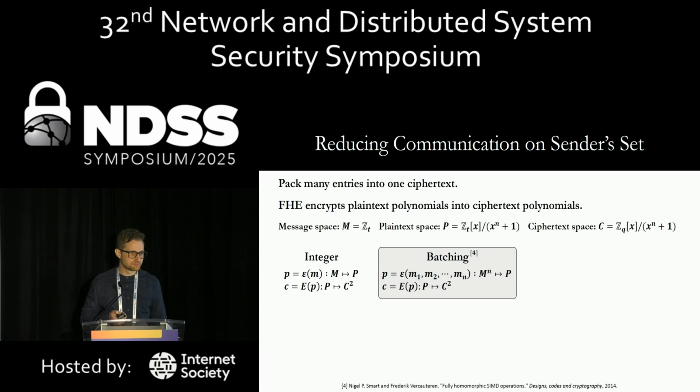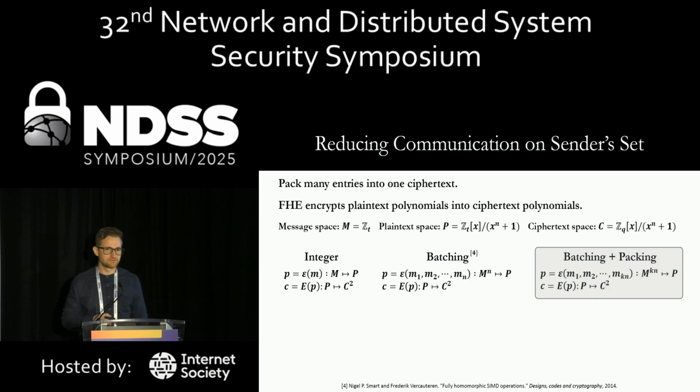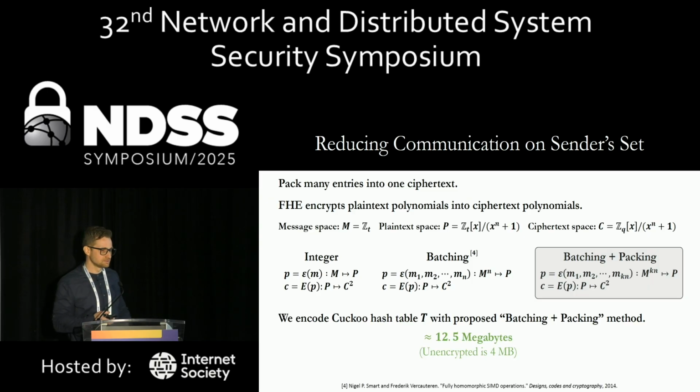In this work, we propose to add on top of batching a packing technique based on the Chinese remainder theorem that lets us pack k times n messages into a single polynomial. When you do that to the Cuckoo hash table, the encrypted table would be only 12.5 megabytes. Just for context, if we send unencrypted data, it would be 4 megabytes.